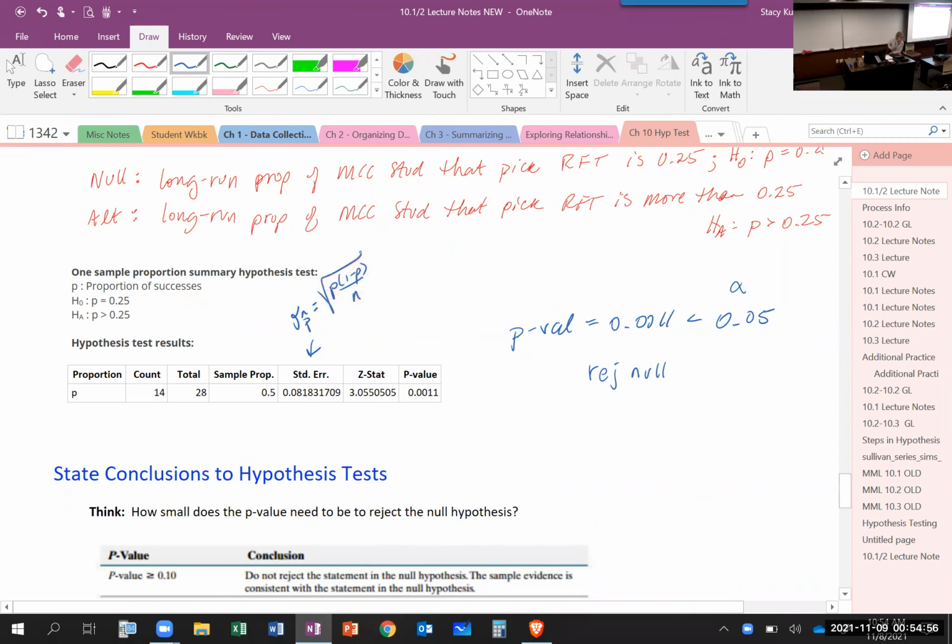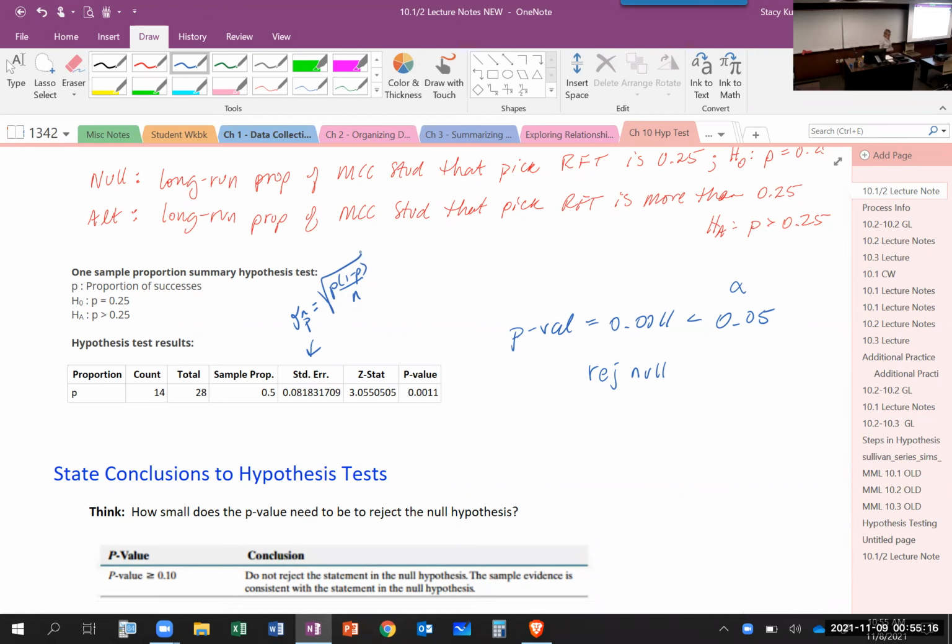Remember that formula back in chapter 8? Well, that's that value right there, because remember, we're trying to figure out what's the likelihood that if I repeated this sample, that's going to occur in the larger population? That's what the standard error is giving you.